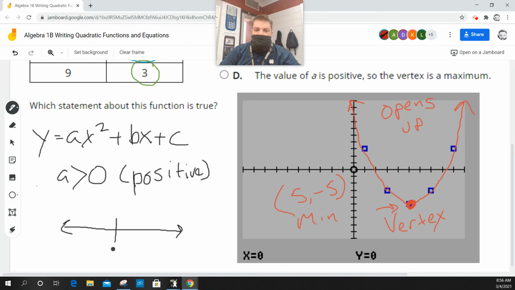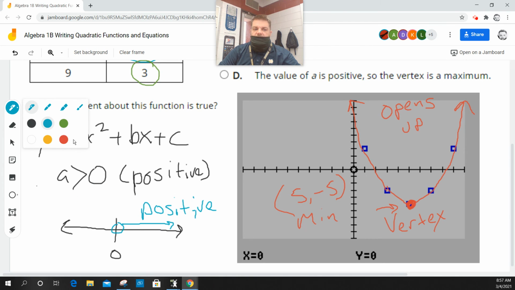If this is my number line and this is 0, and I say that A is greater than 0, then I'm talking about all the numbers to the right, which are all positive. Okay. Now, if A is positive, then my graph will open up.